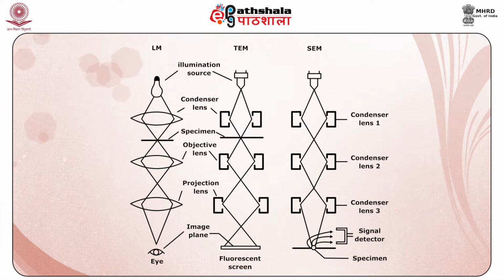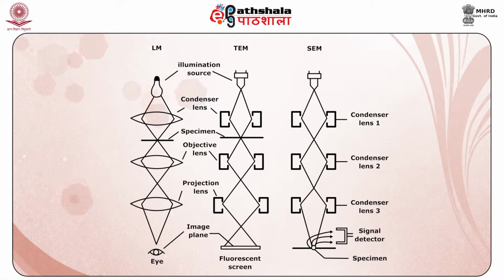The path of the various radiations, whether it is light or electron beams, are well illustrated. In the case of light microscopy and transmission electron microscopy, the pattern appears to be similar except that the glass lenses are replaced by electromagnetic coils which serve as the lens to cause the electron beams to condense.